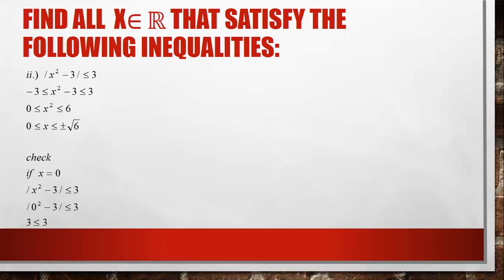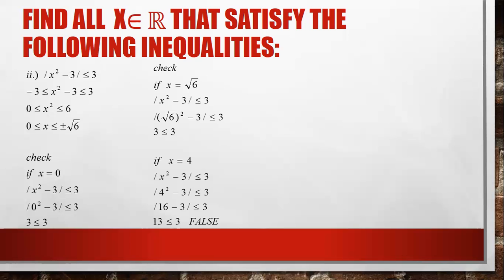Let's check another value of x. So what if our x is the square root of 6? So let's try if really it's satisfied to this equation. So we have the absolute value of x squared minus 3 less than or equal to 3. So let's substitute the value of x. So the absolute value of the square root of 6 squared minus 3 less than or equal to 3.